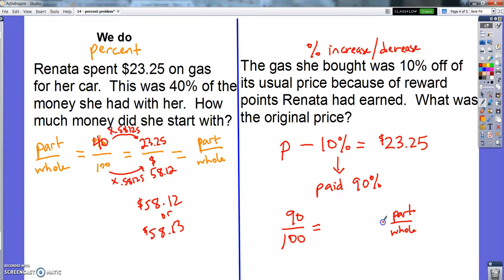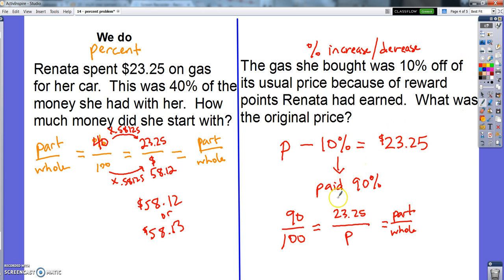And since it was a discount, she paid the part. She didn't pay the whole price, she paid part of the price. So we know $23.25 is the part. We would like to know the whole price, P. I hope that makes sense as to how I set it up and how I think about it. With a lot of percent problems, you just have to really do a lot of thinking. The math's not so bad, but the setup and the thinking and the common sense can be.